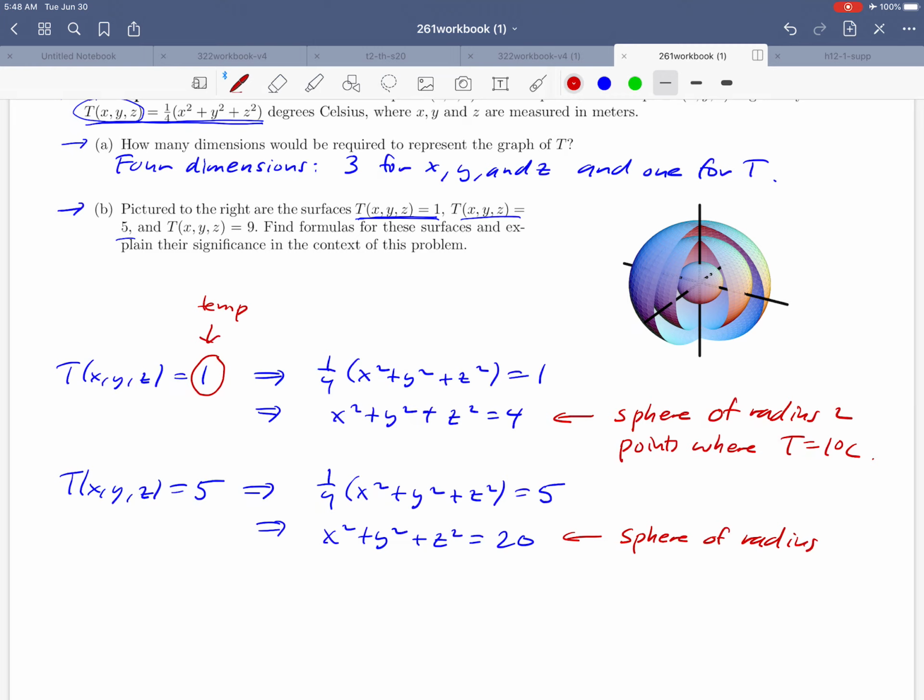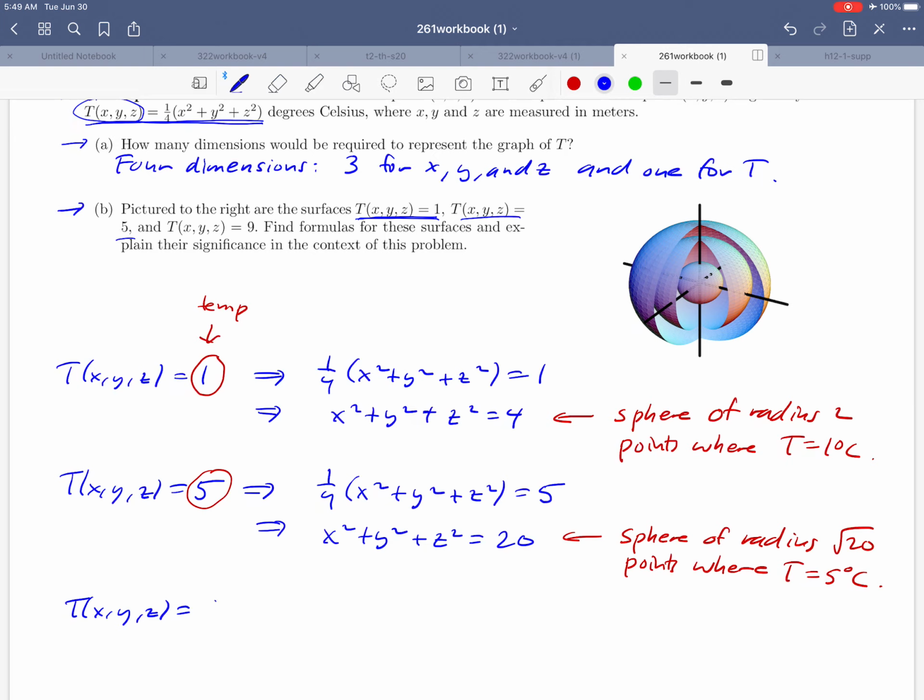Well, it needs to be a number whose square equals 20, so the radius is going to be the square root of 20 in this case. And this time we'd be talking about the points in space where the temperature is 5 degrees Celsius. Okay, it's a little bit warmer on this sphere because we're a little bit farther away from the ice block that's at the origin.